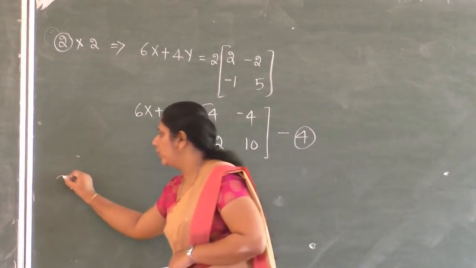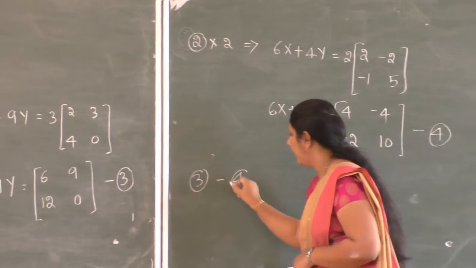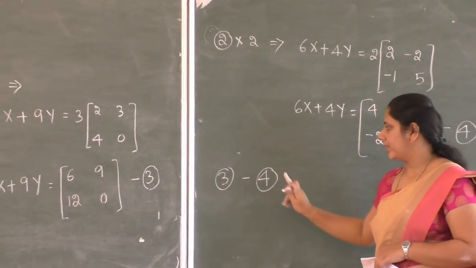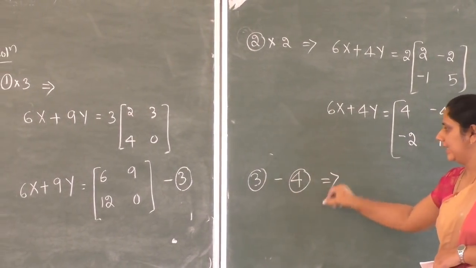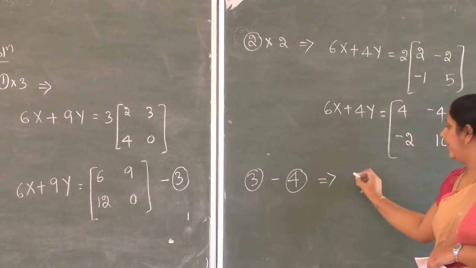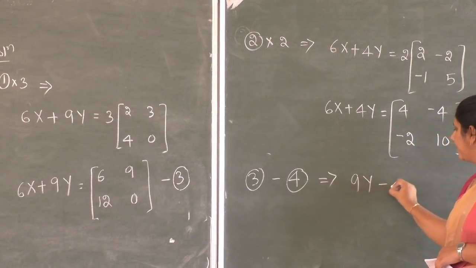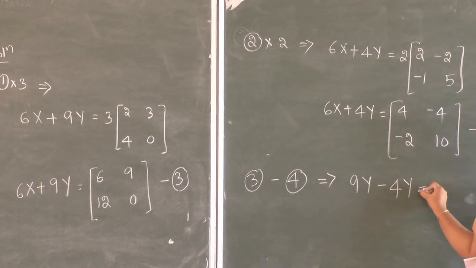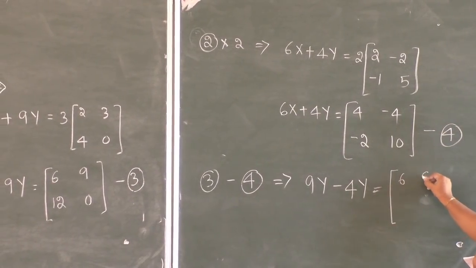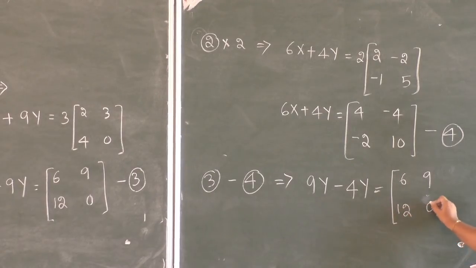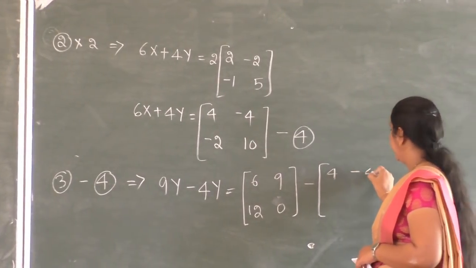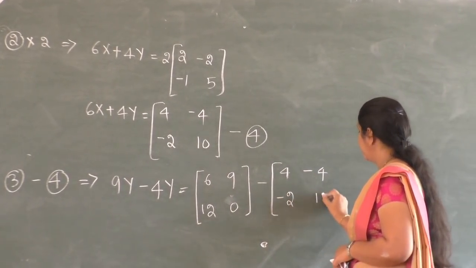Now if I do equation 3 minus 4, the x term will get cancelled. So equation 3 minus 4 implies in the LHS 6x minus 6x gets cancelled. Remaining terms are 9y minus 4y, which is equal to, in the right hand side, the matrix 6, 9, 12, 0 minus the matrix 4, minus 4, minus 2, 10.